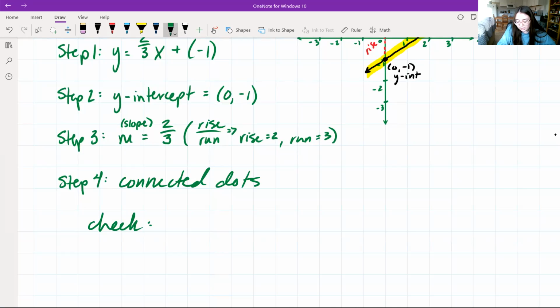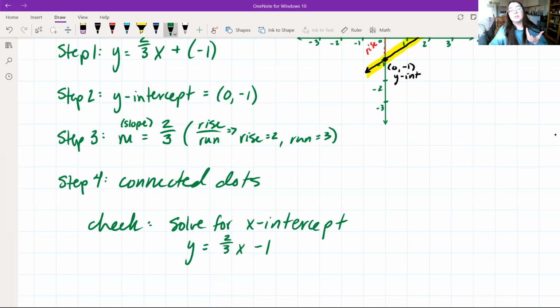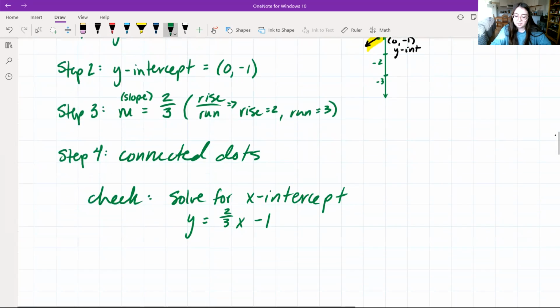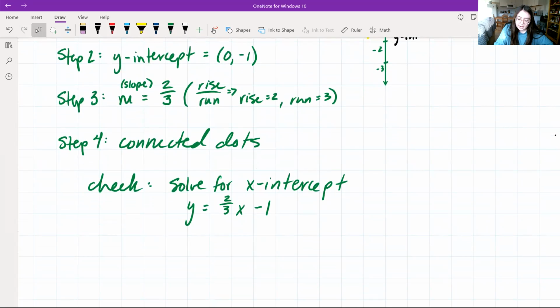And now as a check, we can solve for the x-intercept. We know we have y is equal to 2/3 x minus 1. So now we just solve for x instead. We can add 1 to both sides. We get y plus 1 is equal to 2/3 x.